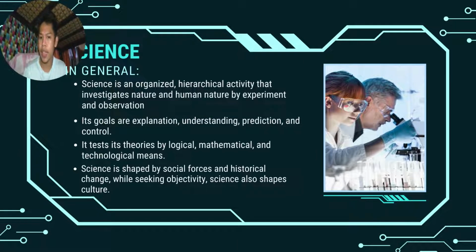Its goals are explanation, understanding, prediction, and control. It tests its theories by logical, mathematical, and technological means. Science is shaped by social forces and historical change, and while seeking objectivity, science also shapes culture.